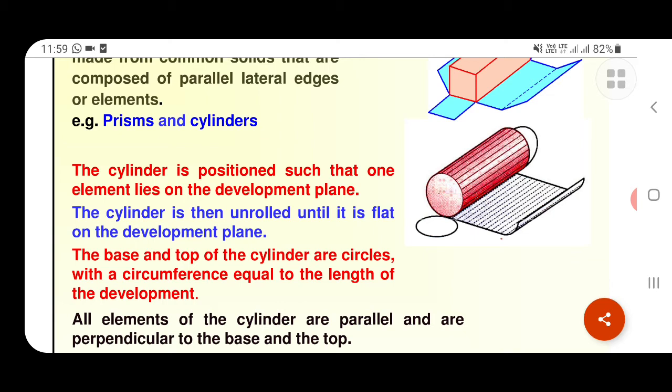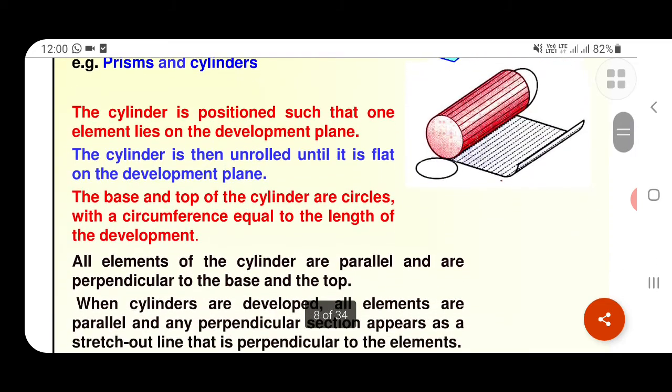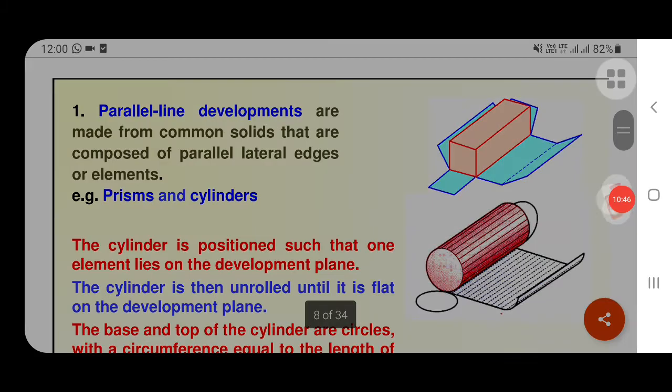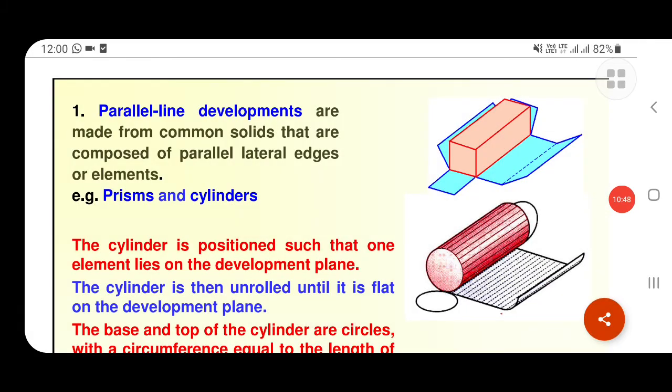The base and top of the cylinder are circles, and the circumference equals the length of the development. So it is applicable for prism and cylinder. These are the parallel line method.